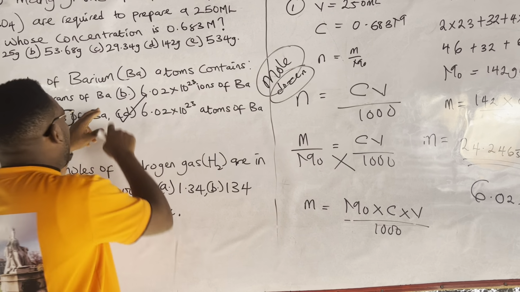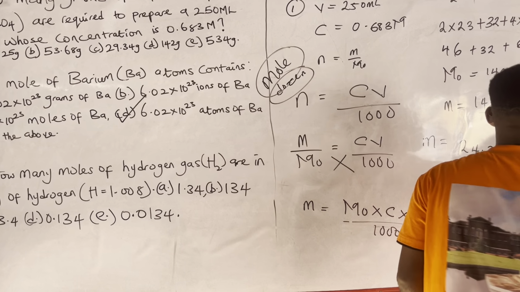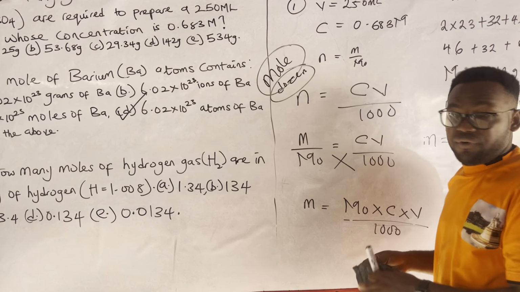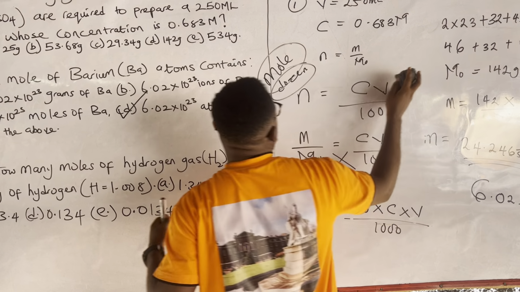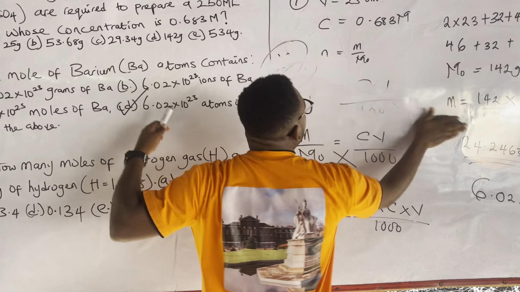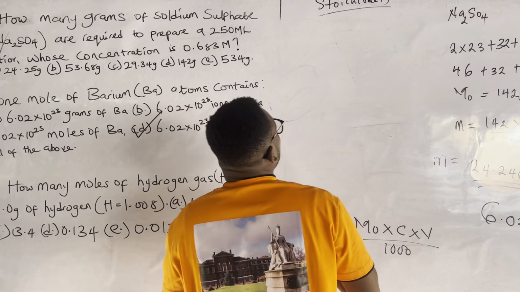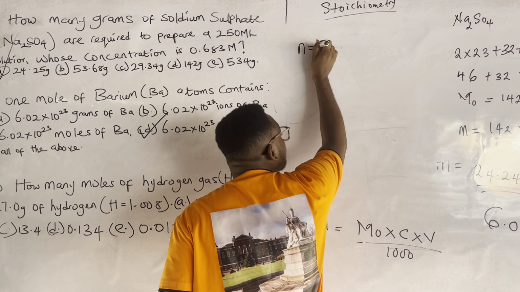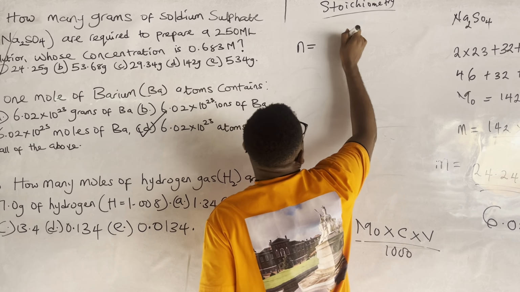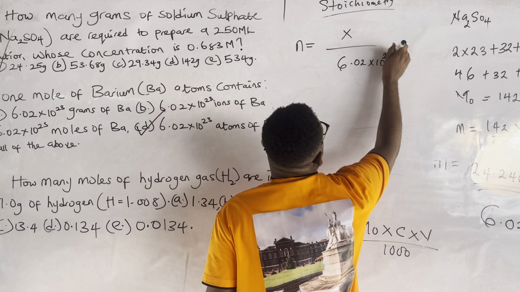If you want to check if what we are saying is correct, let's quickly look at the formula I gave for calculating the number of moles. In our previous video, I said number of mole is equal to x divided by 6.02 times 10 to the power 23.